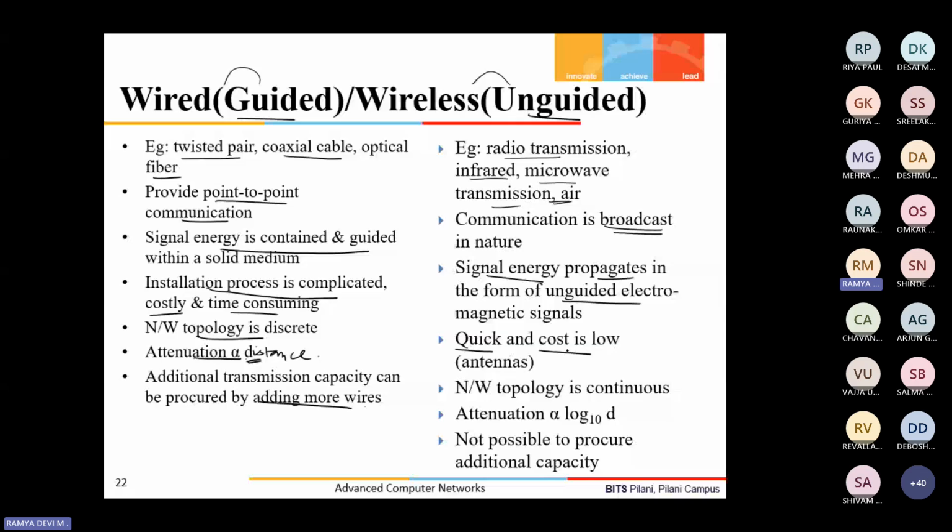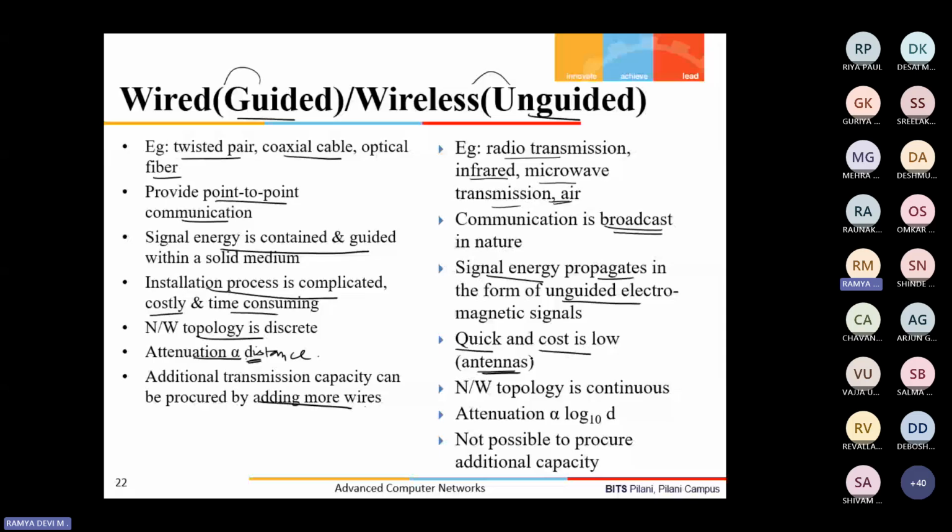It is cost effective, and sometimes you require antennas and transceivers. What do you mean by transceivers? They transmit and receive messages rather than cables. Even in a car, the antenna will be there in order to receive the signal. That is very required.